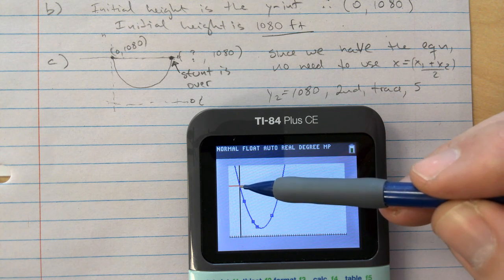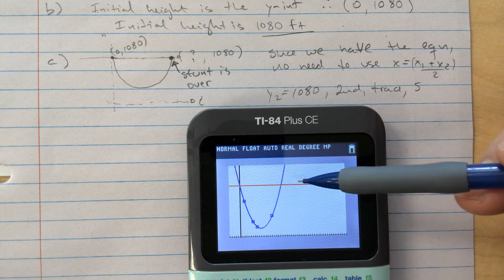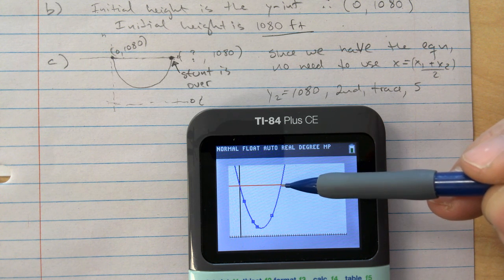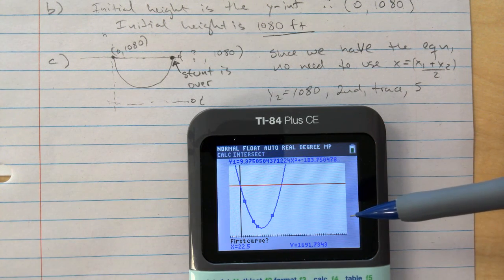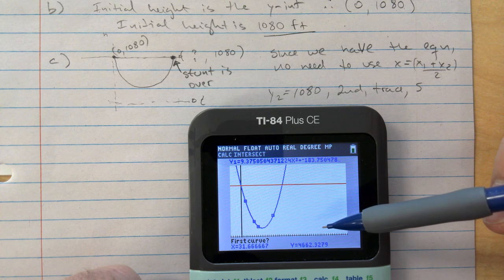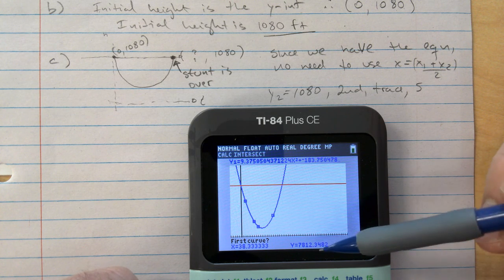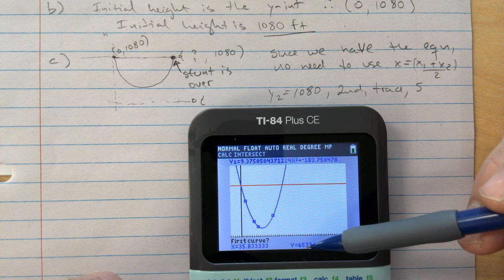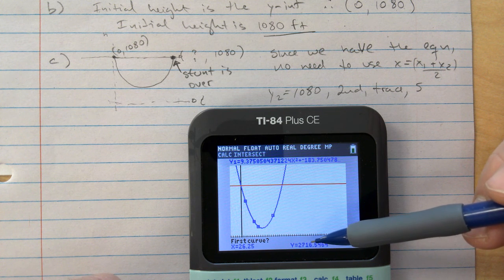You're at 1080 when you start your stunt, and then again when you get back to it after the drop. So we're going to go second trace 5. Let's go ahead and find that. Oh, I'm way off it seems here. I'm already at 7,000 on my y, so I have to go to the left till I come back down, and there it is.